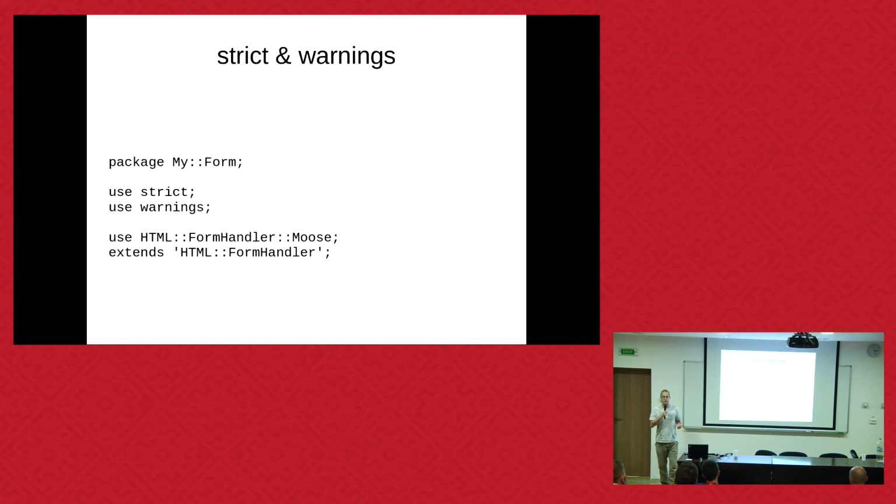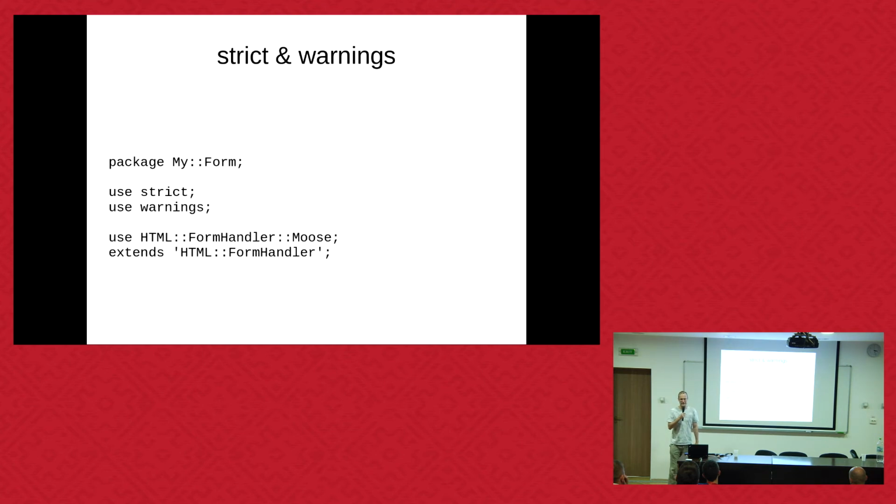If you're used to using Moose, you'll know that you don't need to say use strict, use warnings in your code, because Moose does that for you. It's friendly and helpful if you like strict and warnings. With HTML form handler, you say use HTML form handler Moose, but that doesn't put strict and warnings on in your application. And if you're like me, one day you'll be sat there writing some really broken code, and you'll think, hey, why is strict not complaining?